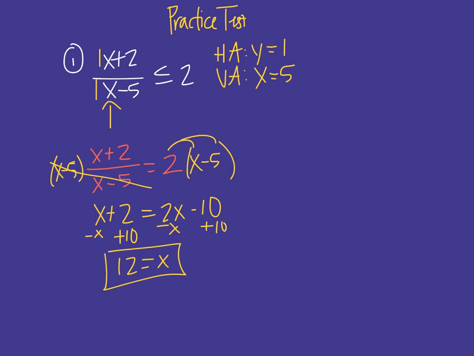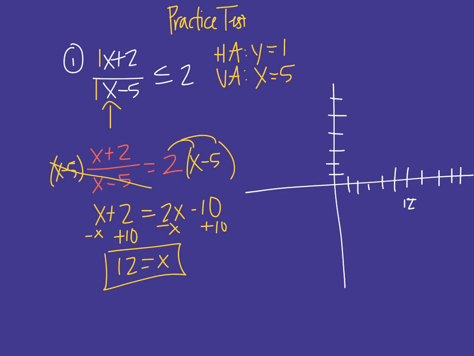You guys are going to be asked to do a sketch of the picture. I'm going to go by 2s so that I can fit it all in. Okay, so I know that there's going to be a horizontal asymptote at 1, which is a little bit hard to graph on mine, but there it is.